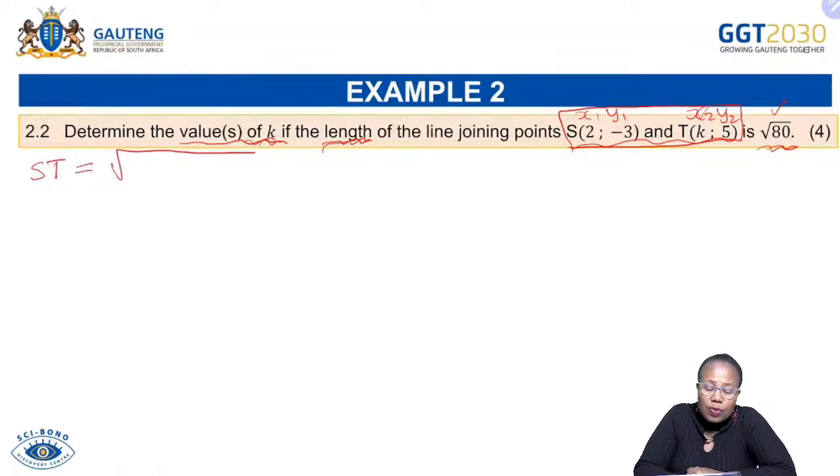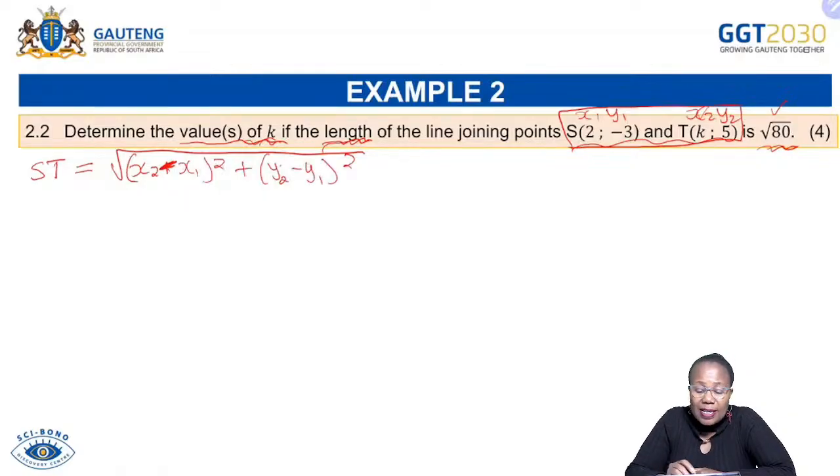is equal to the square root of x2 minus x1 squared plus y2 minus y1 squared. But the length joining these is given as square root of 80.